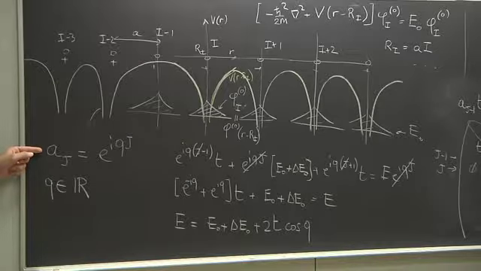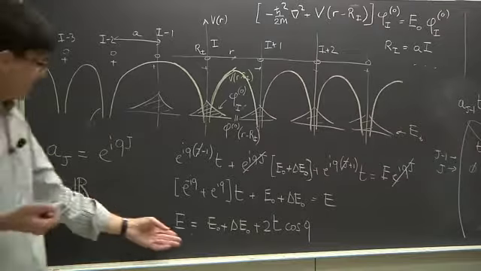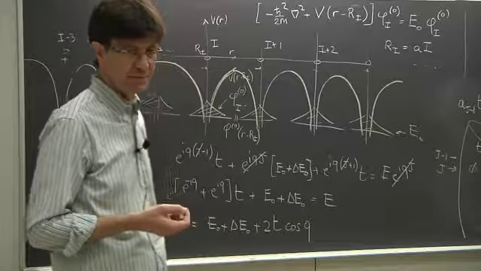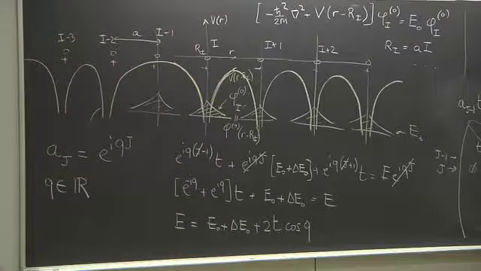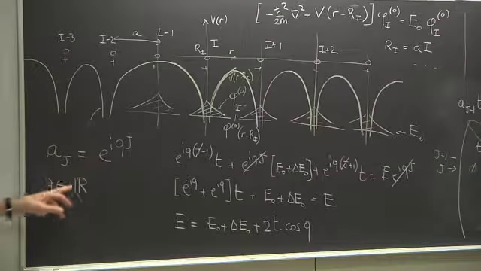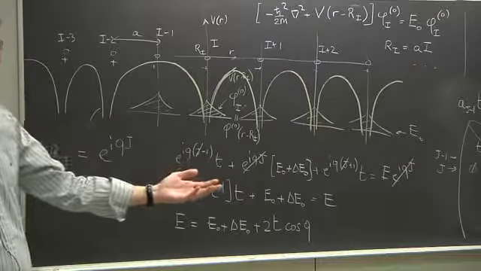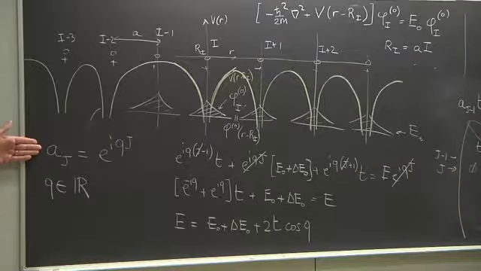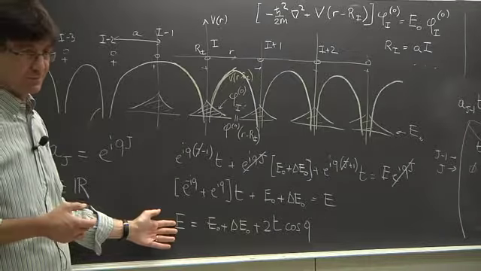Do these two solutions have the same energy? Look at here. If q is 0 and q is 2 pi, it's the same number. Okay? So in fact, this is true, but there is a lot of redundancy when I do this. q belongs to R, but there are plenty of q's for which the solution is exactly the same, both in terms of eigenvector and in terms of energy.